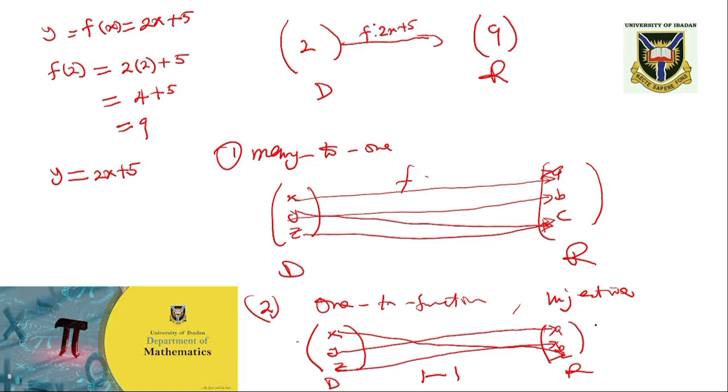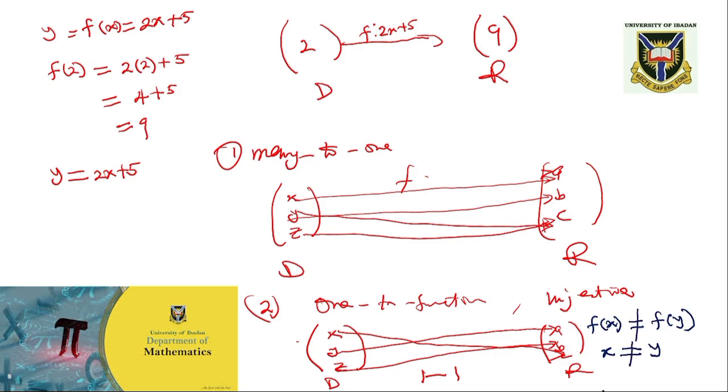So we say a function is injective if, given that f of x equal to f of y, then it could only mean that x is equal to y. Or if f of x is not equal to f of y, it only means that x is also not equal to y.